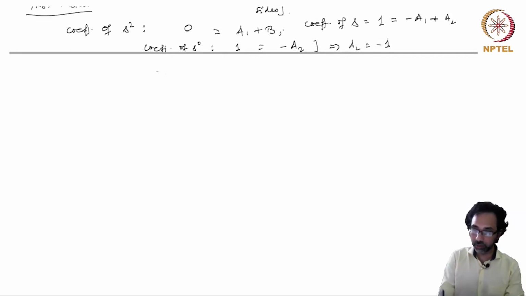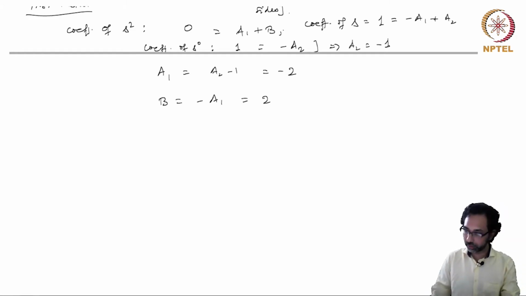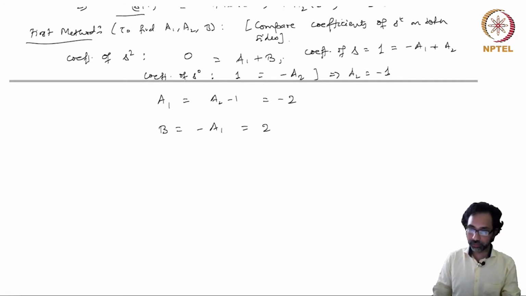So here you have a1 is simply a2 minus 1, so this is minus 2, and b is simply minus a1, so this is simply 2. So in this case we have 3 equations in 3 unknowns, and we can solve for these 3 unknowns to find out our coefficients for the partial fraction expansion.